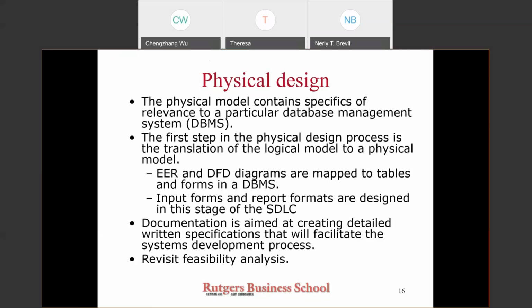Specifically, we mean that ER and DFD diagrams will be mapped to tables and forms in the DBMS, such as Access.